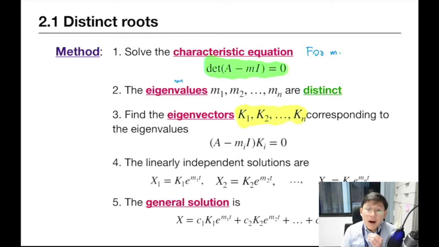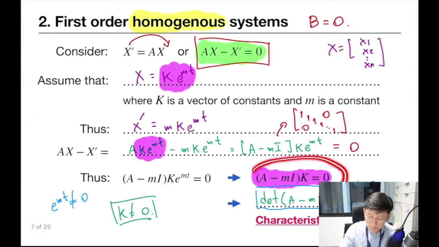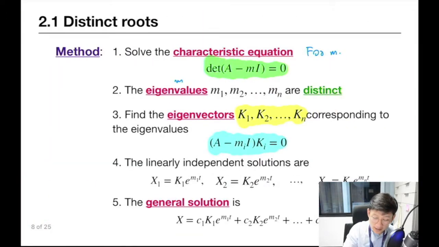Okay, how to find eigenvectors? We find it from this equation, and this equation is from here: (A minus mi) times K equals 0. So we can find the eigenvector from here.